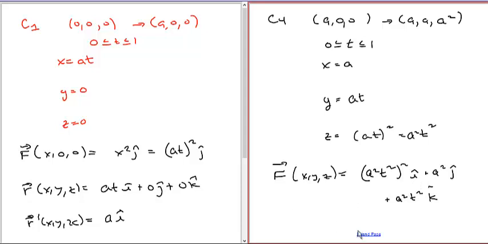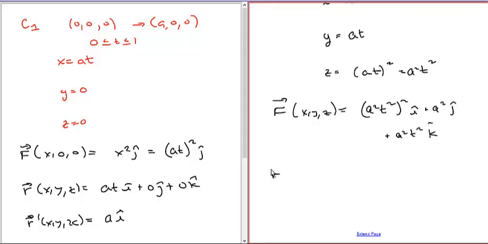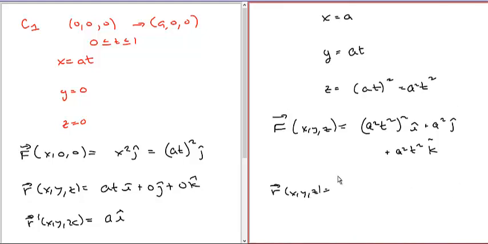Okay, and then we have our position vector of x, y, and z, but we're going to do it in terms of t. So it's x of t, y of t, z of t. So you have a i plus a t j plus a squared t squared k.